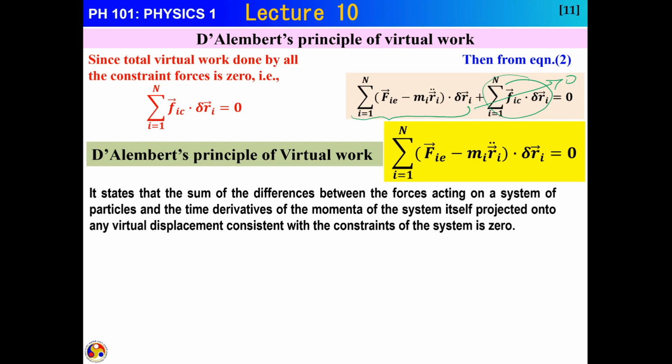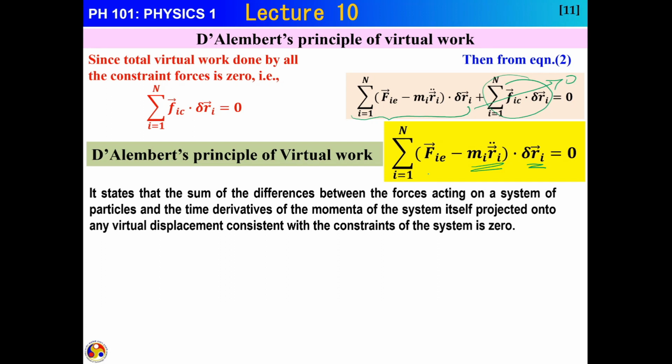What it says is that the sum of differences between the forces acting on a system of particles and the time derivative of the momenta of the system itself, projected onto any virtual displacement consistent with the constraints in that system, is simply 0.